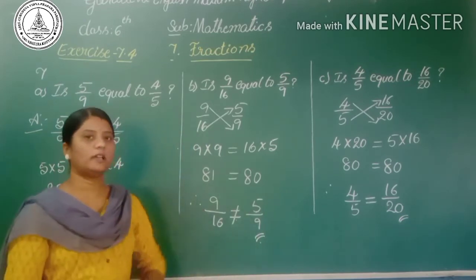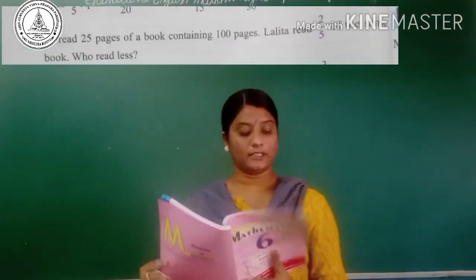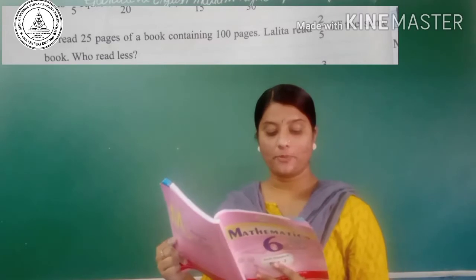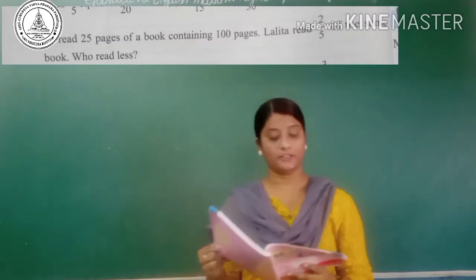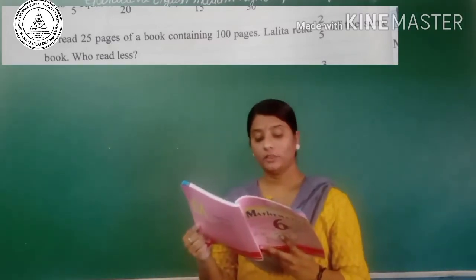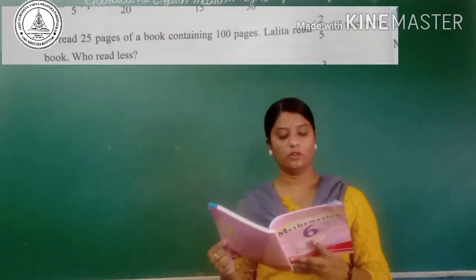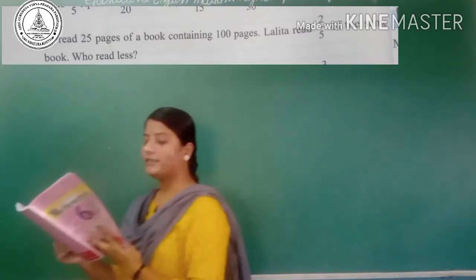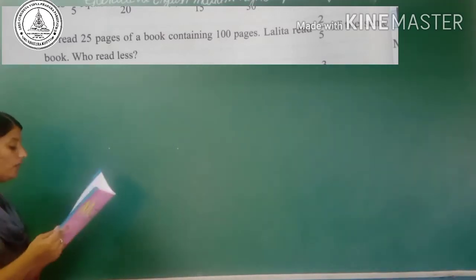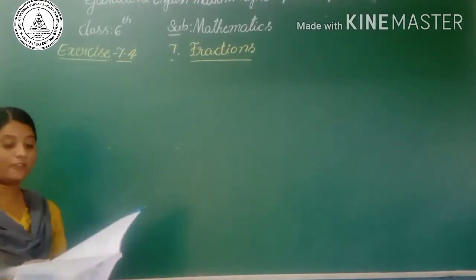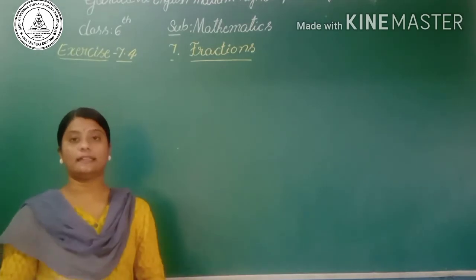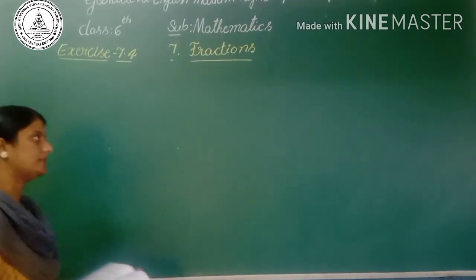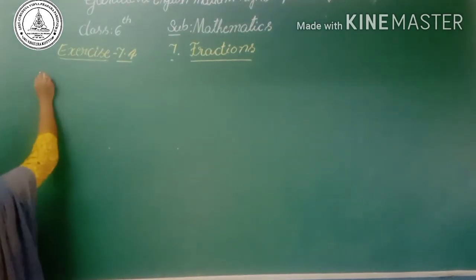Then let's go to the 8th question. Let's solve the 8th question. Ila read 25 pages of a book containing 100 pages. Lalita read 2 by 5 of the same book. Who read less? Here there are two friends, Ila and Lalita. Ila read 25 pages of a book containing 100 pages.